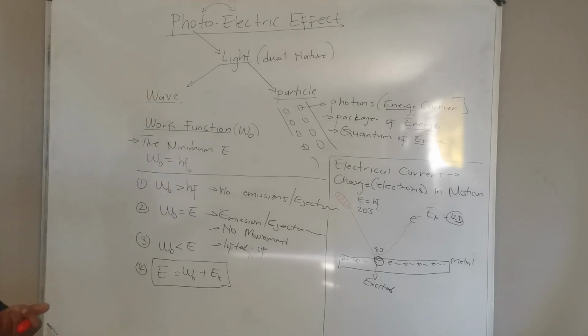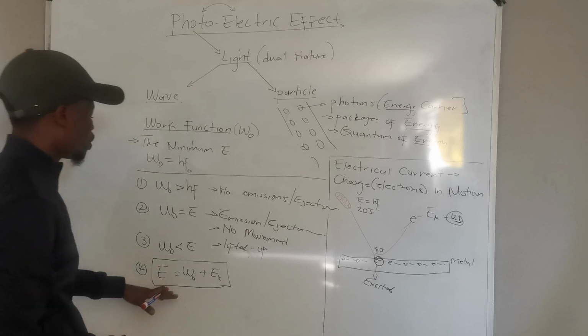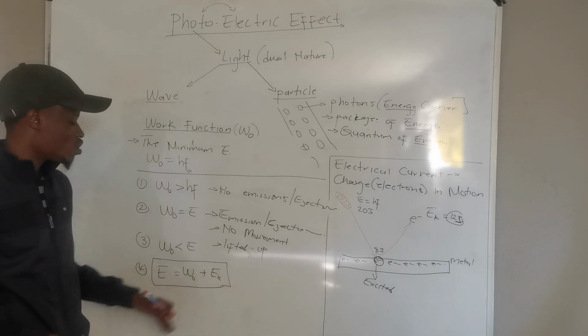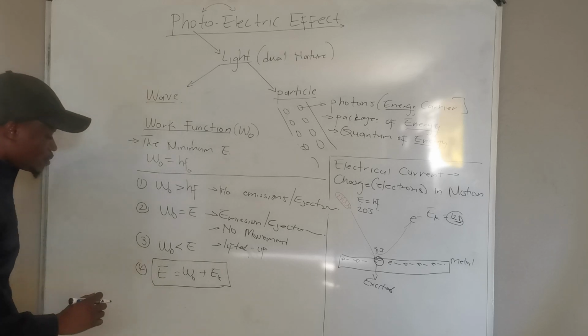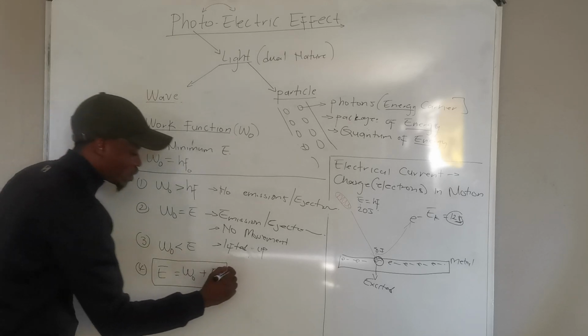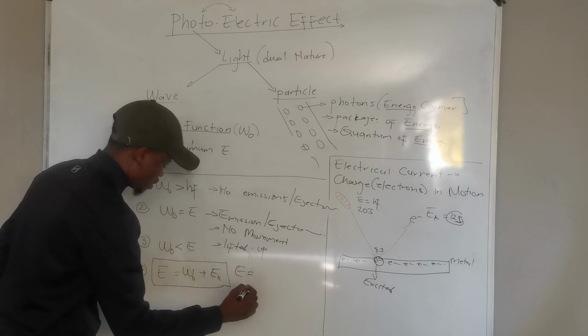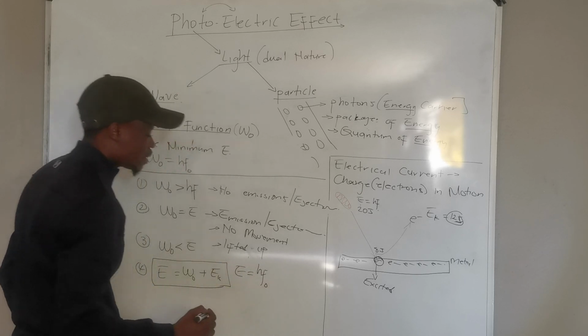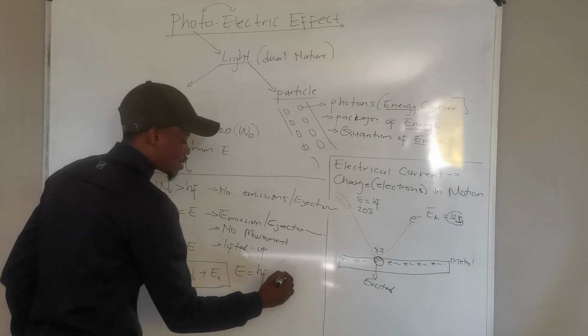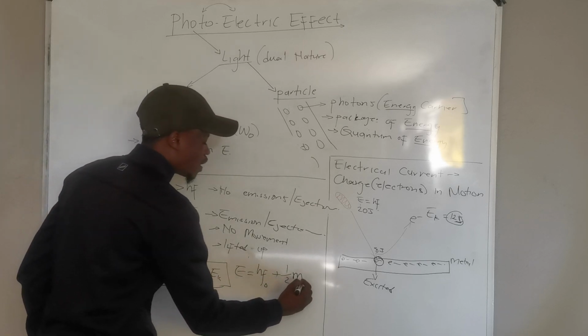That is indeed the formula to calculate the kinetic energy of an electron. Now let me quickly do this one. We can now say energy is equal to our work function, which is h multiplied by the threshold frequency, plus 1/2 mv squared.